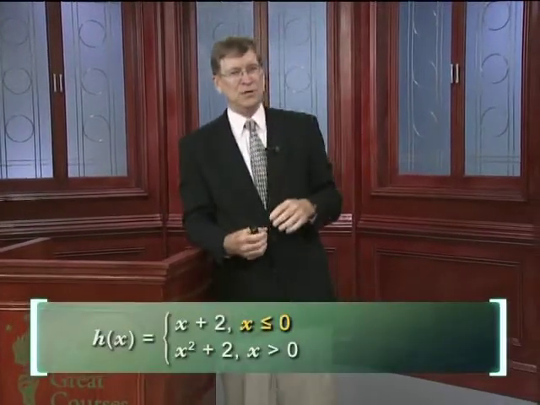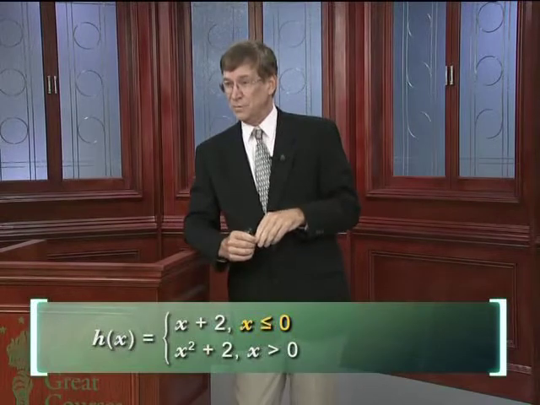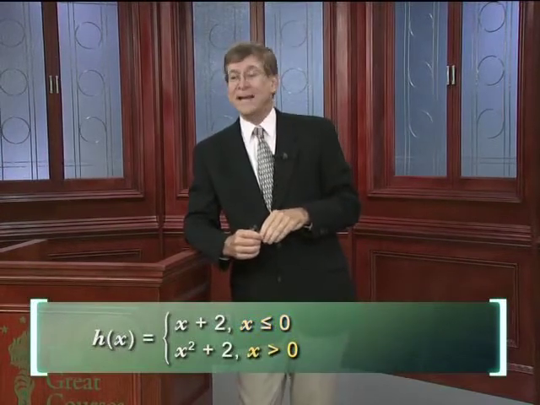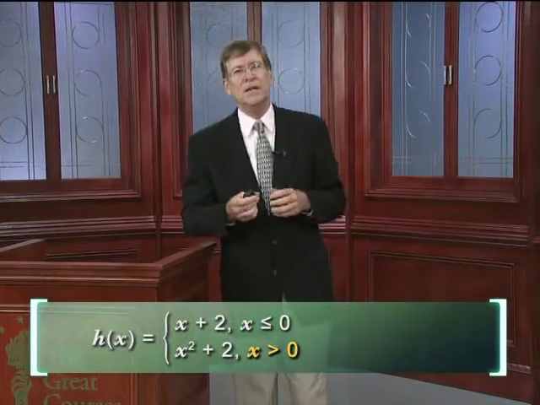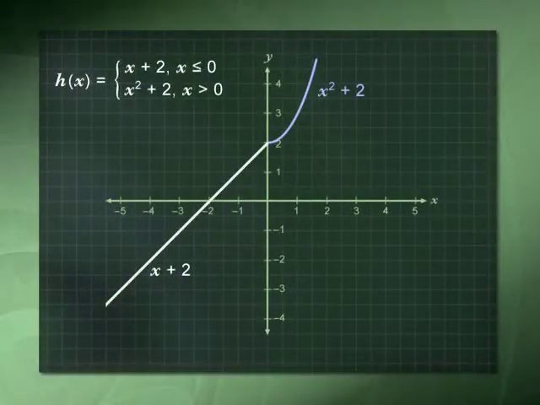Let's look at another function defined by two rules. The first rule, for x less than or equal to 0, is x plus 2, a straight line. And for x bigger than 0, it's a parabola, x squared plus 2. Here's a picture of that function. Is that function continuous everywhere? Well, it's clearly continuous to the left of the origin, because that's the straight line.